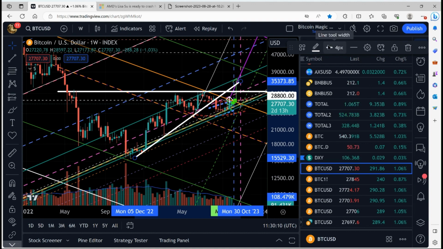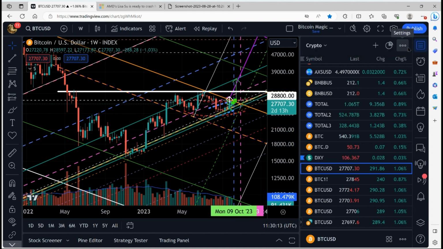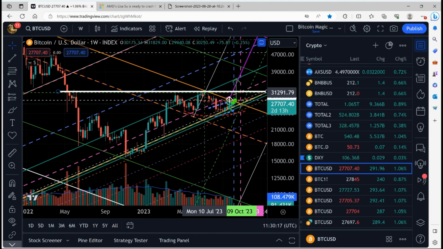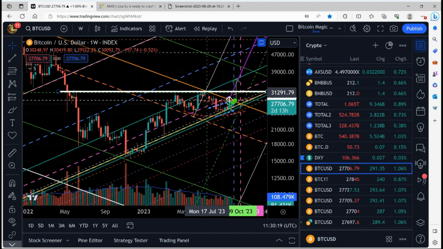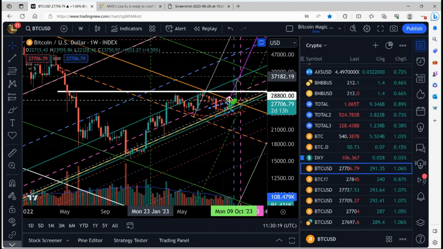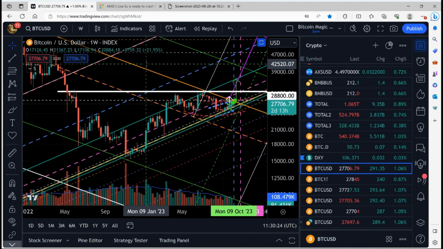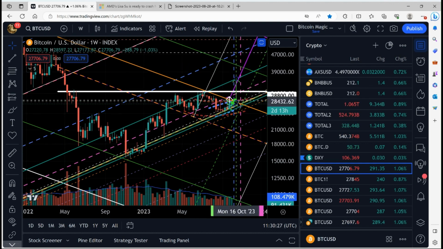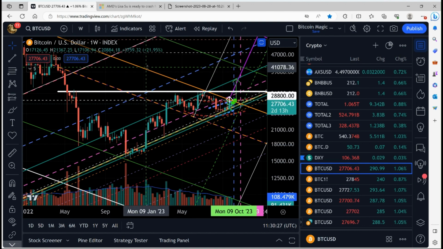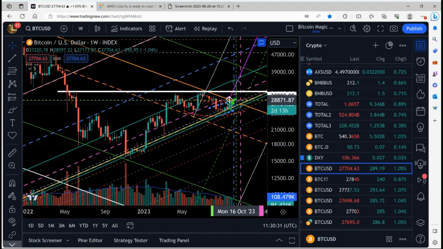However, we still have the top of this triangle right here, and we have come up to it here. So we are reaching an apex here with the orange, perfectly formed symmetrical triangle right here. That orange trend line forms a perfect symmetrical triangle here, with the apex about 27.5 where we're trading at now.